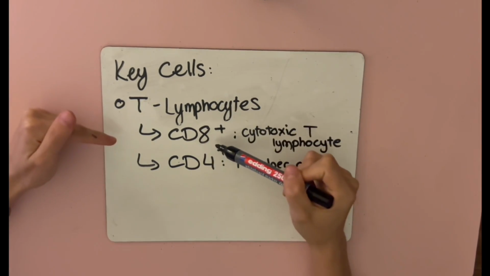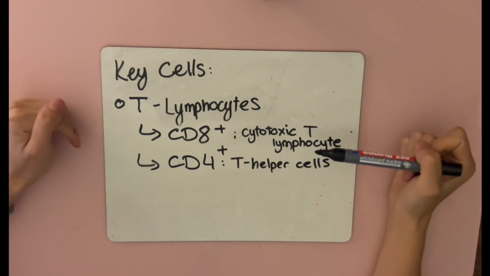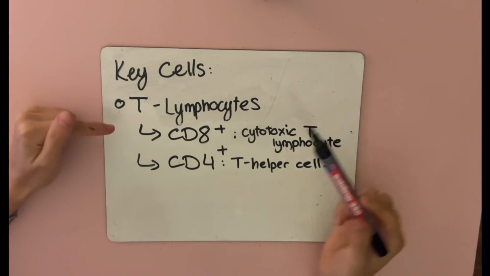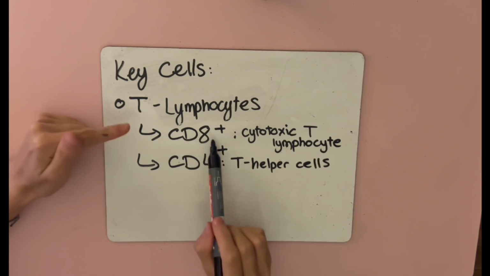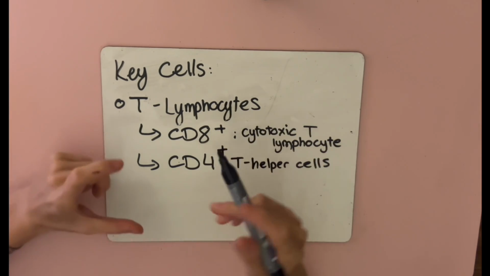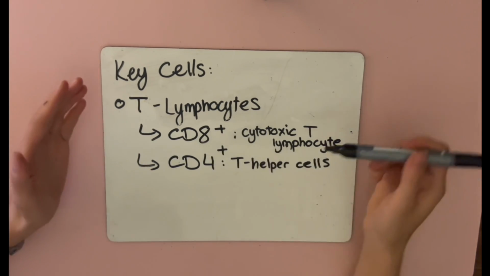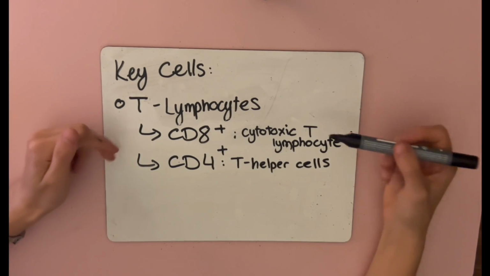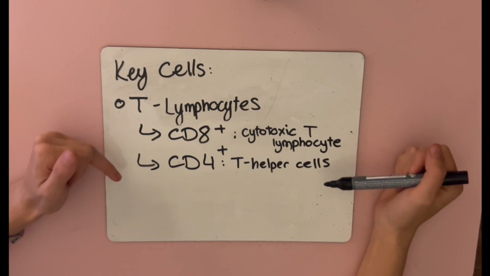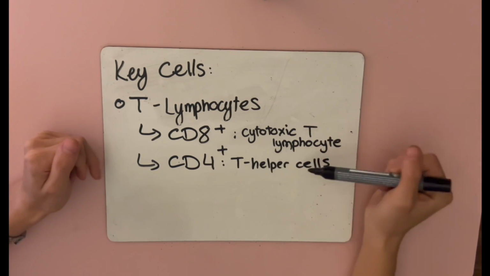There are CD8 positive cytotoxic T lymphocytes. CD8 is a type of receptor, and if the T cells have that receptor, we call them CD8 positive T cells. The same goes with CD4 positive T cells, which we call T helper cells.